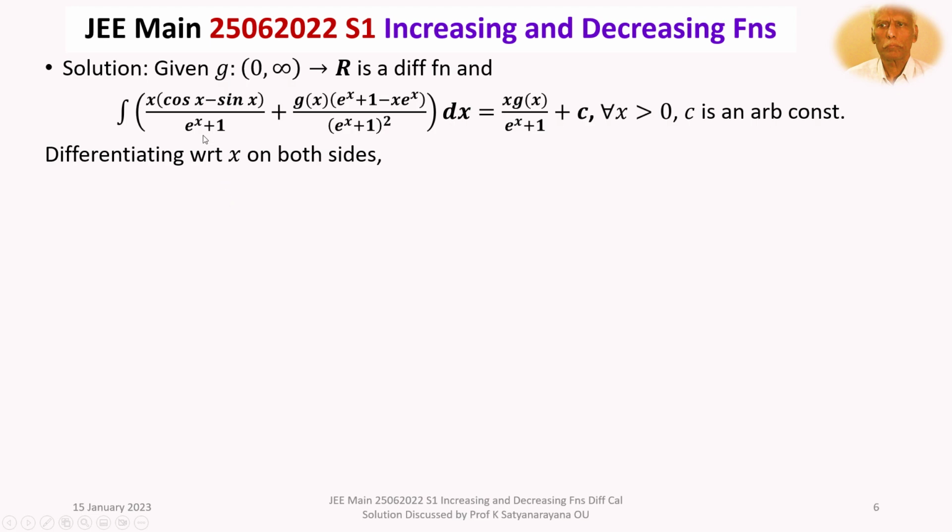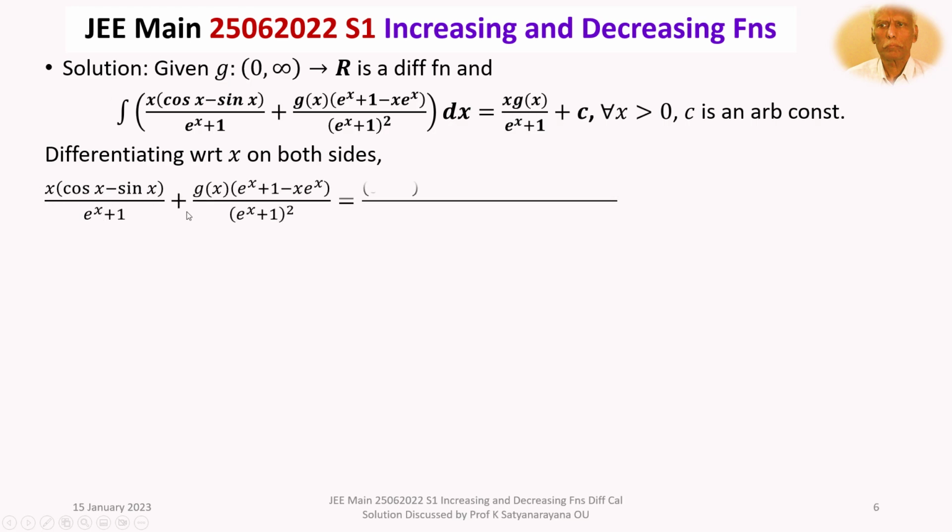So you will get x(cos x minus sin x) by e^x plus 1, plus the second term g(x) into (e^x plus 1 minus x e^x) by (e^x plus 1) whole square.